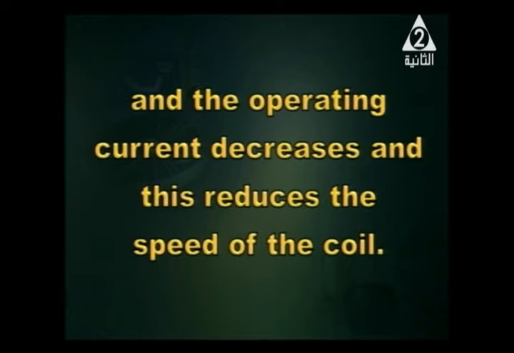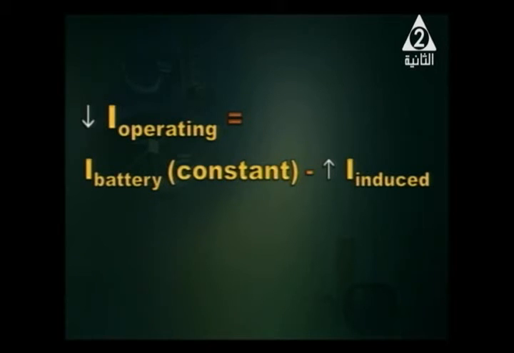And the operating current decreases, and this reduces the speed of the coil when it tends to speed up, simply because I operating equals I battery, which is constant, minus I induced. So when the coil tends to speed up, I induced increases because the rate of cutting of flux lines increases, so I operating decreases.